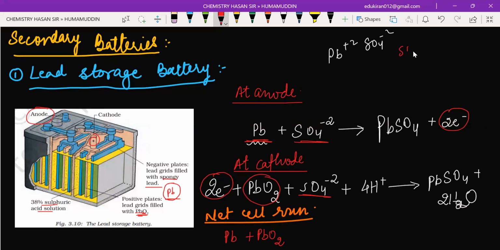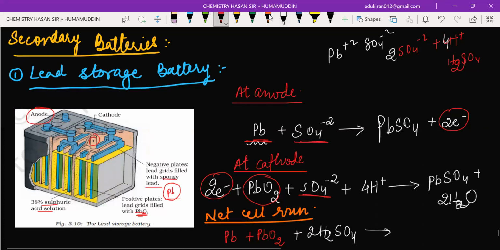Now you know that SO4 minus 2 combined with 2H plus gives you H2SO4. So when you have 2SO4 minus 2 and 4H plus, it will give you 2H2SO4. Are you getting my point? SO4 minus 2 combined with 2H plus gives you H2SO4, so 2SO4 combined with 4H plus gives you 2H2SO4.